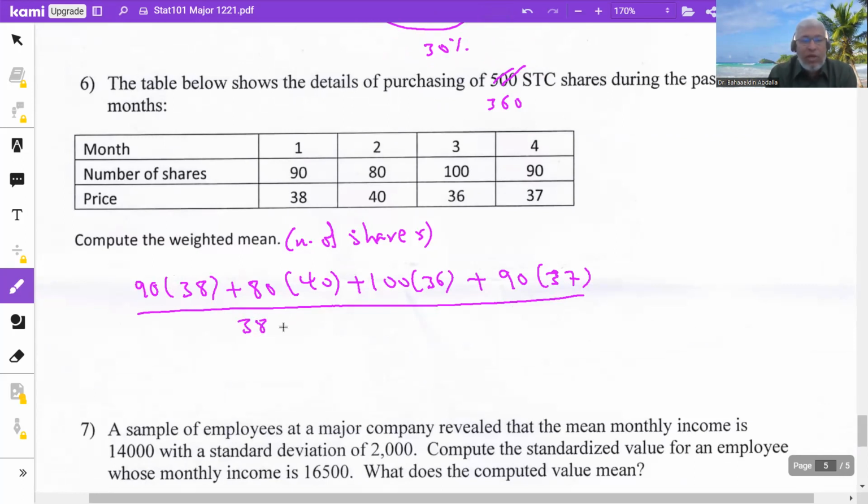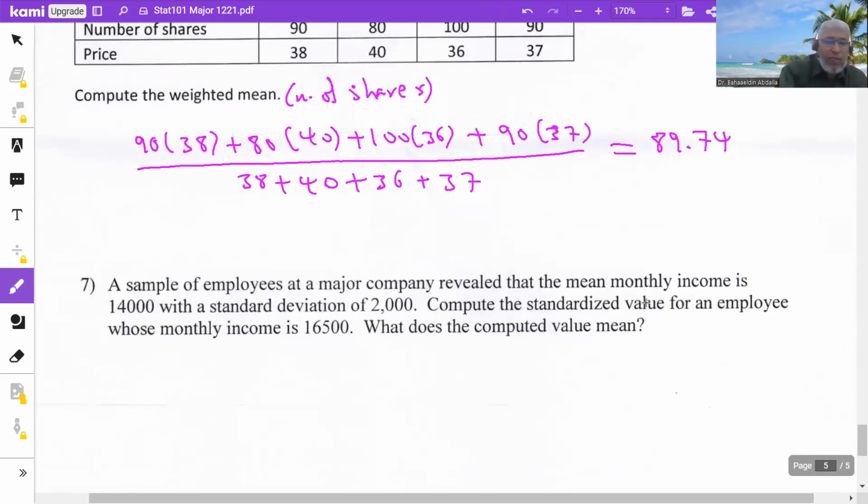So we add 38 plus 40 plus 36 plus 37. We put it in the calculator and find the answer. The answer would be 89.74. So this is the weighted mean of the number of shares.